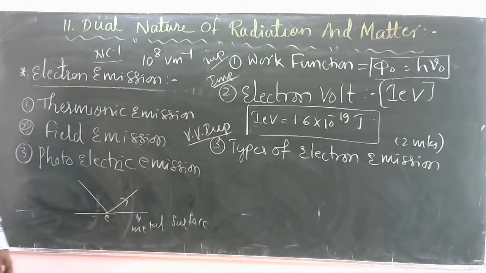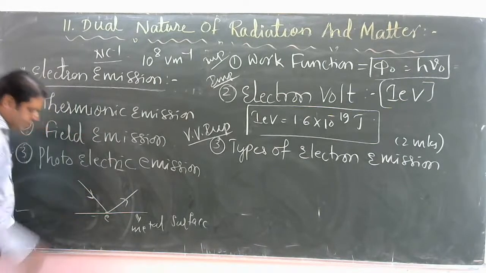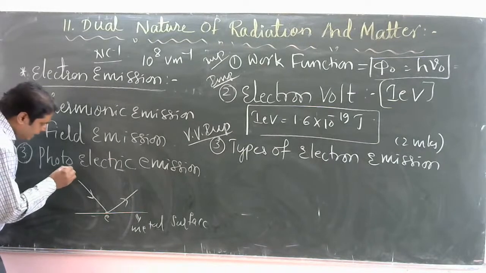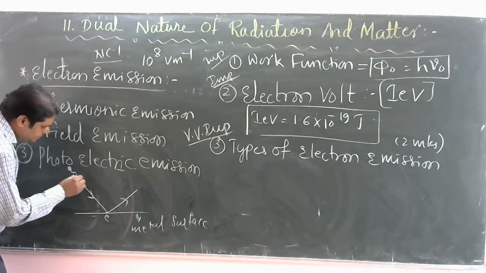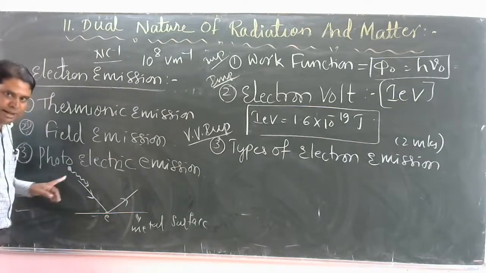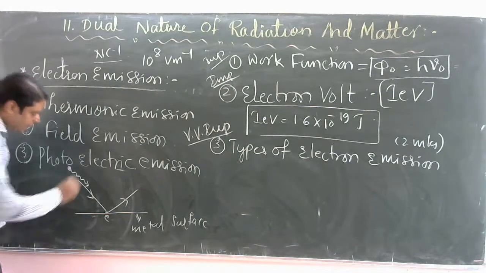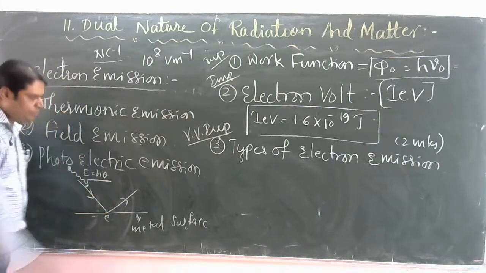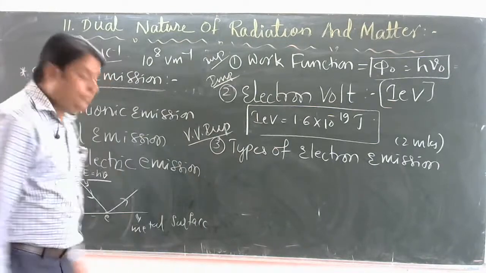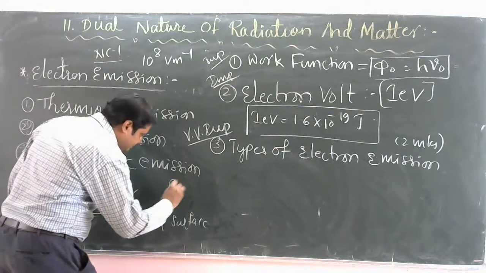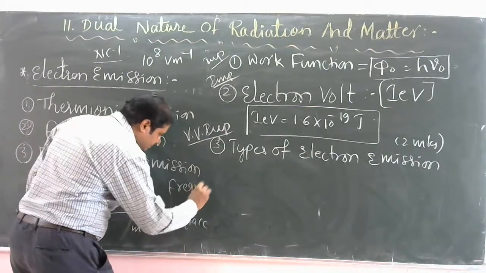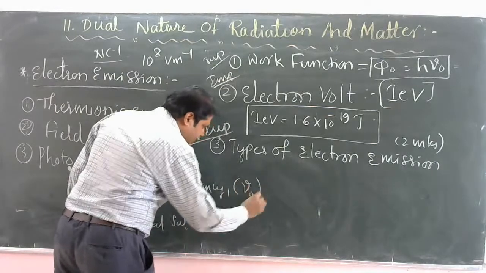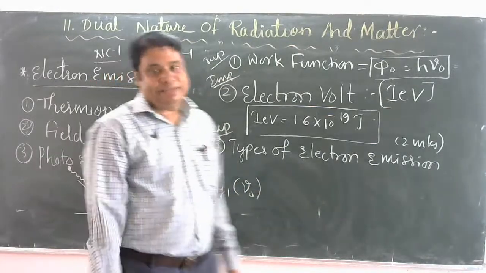Process of emission of electron from the metal surface when radiation, I will represent radiation in this fashion, radiation equal to h nu of suitable frequency, say nu naught, is incident on the metal surface.